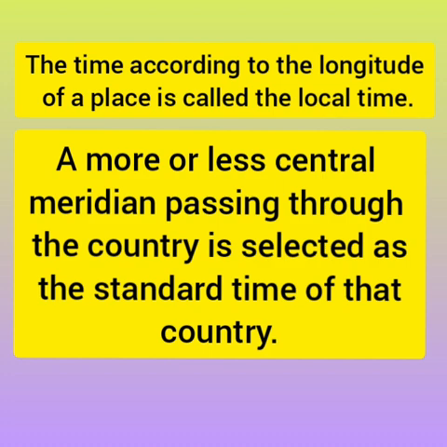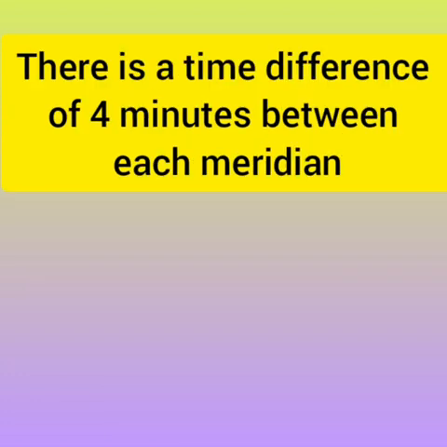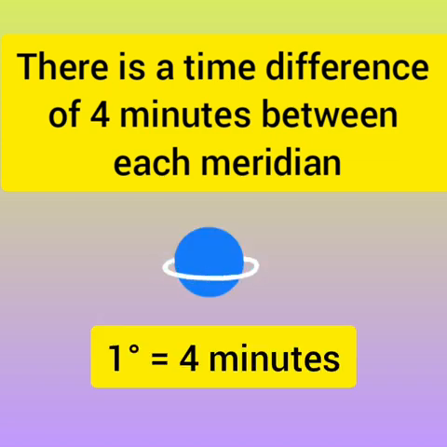Like in India, we have Indian Standard Time, IST, at 82.5 degrees east. There is a time difference of 4 minutes between each meridian. This means that the earth rotates 1 degree of longitude in 4 minutes.